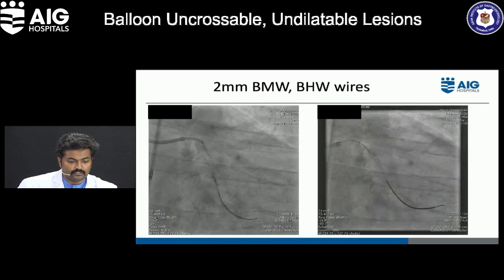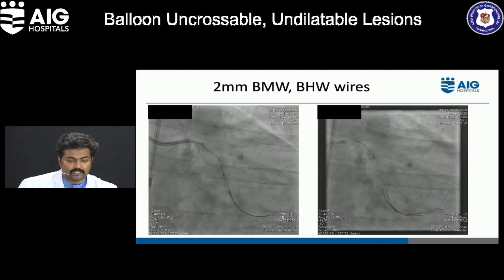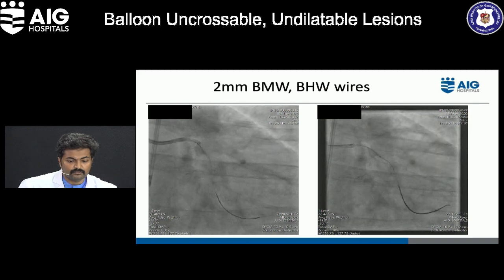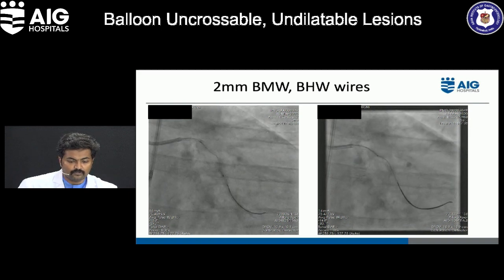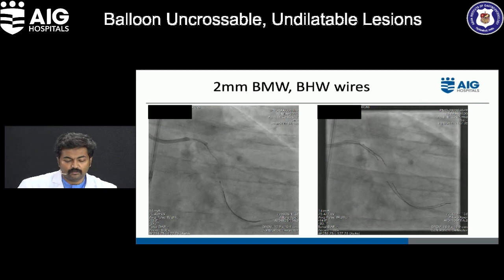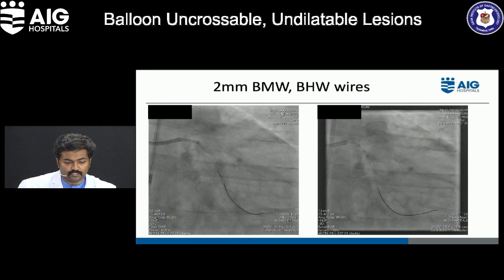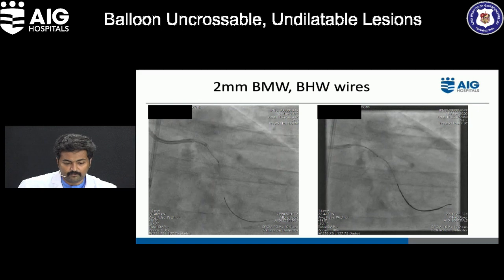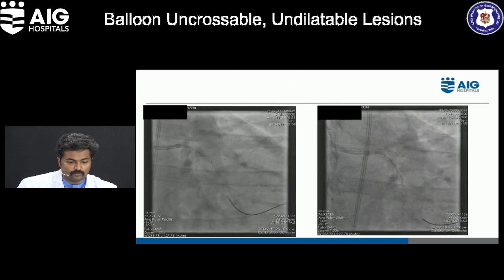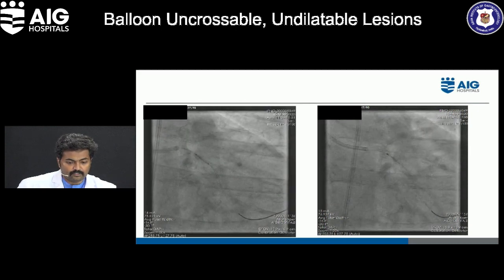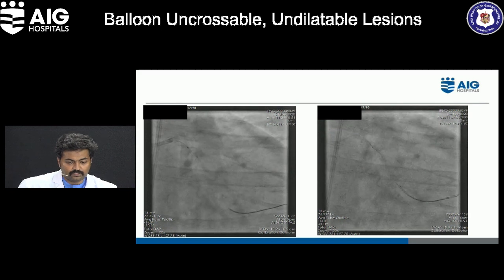Still, even though we crossed, the balloons were getting burst because of a calcium spicule, and still the guide was backing out. So the other technique which Dr. Rajiv also mentioned was taking another buddy wire. So we took a buddy wire also, and with the help of the buddy wire we tried tracking, but still it was not going.